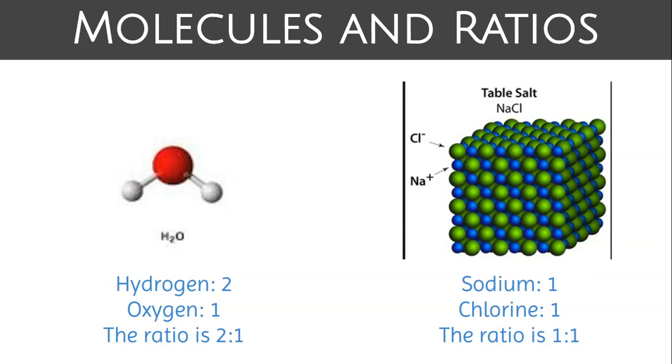But the important thing to notice is that for every green ball, there's 1 blue ball. So the ratio in NaCl, or table salt, is 1:1. That's because in sodium chloride, NaCl, there's always going to be one sodium atom for one chlorine atom. And that's what we call a 1:1 ratio.